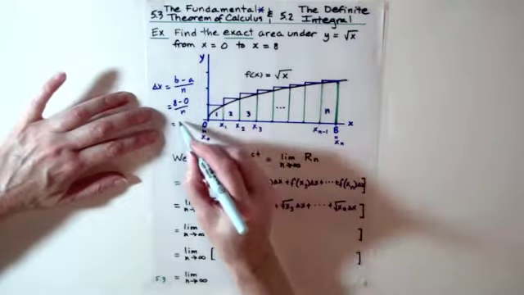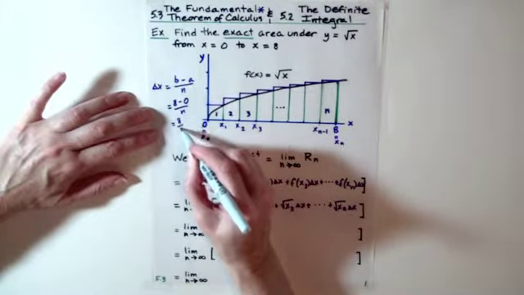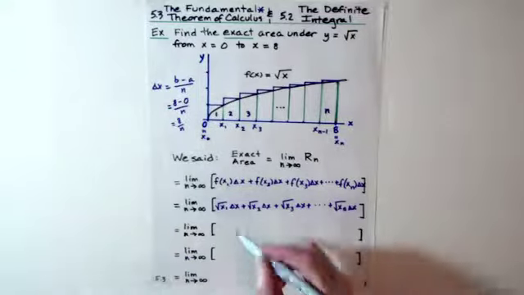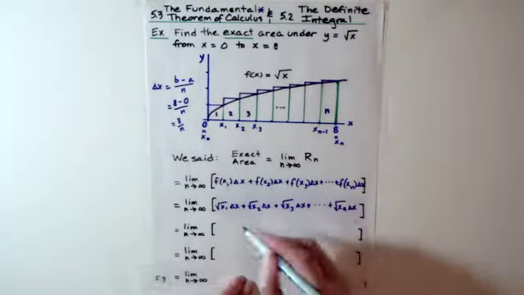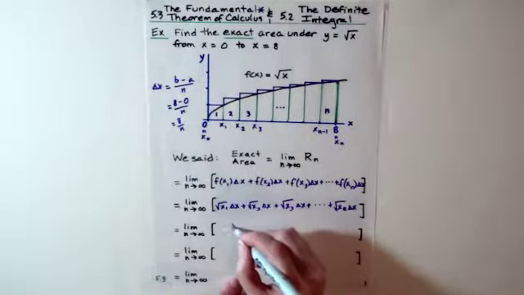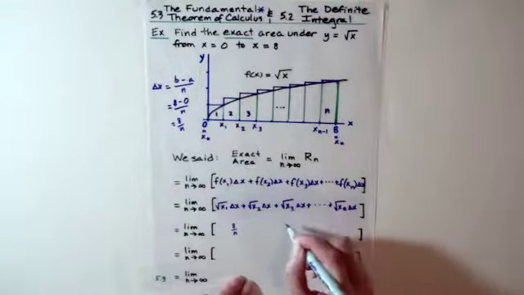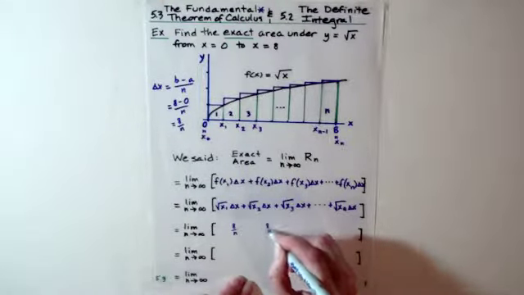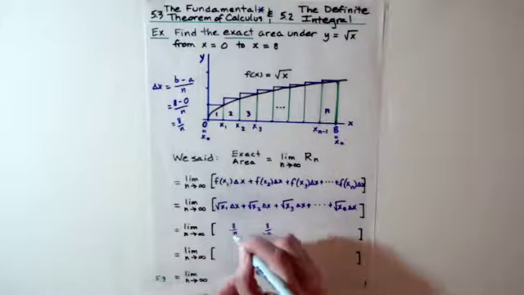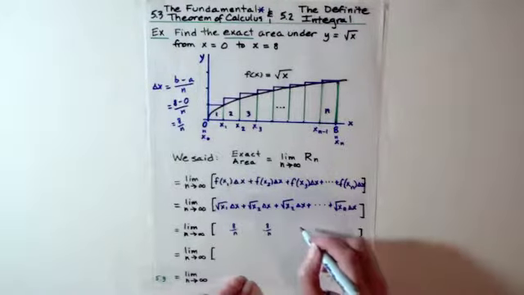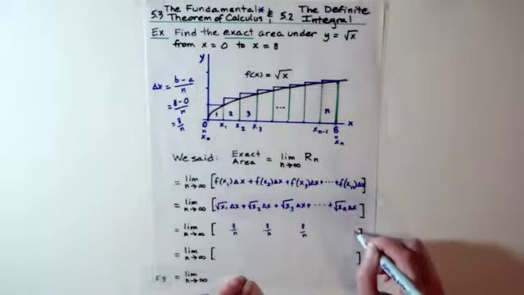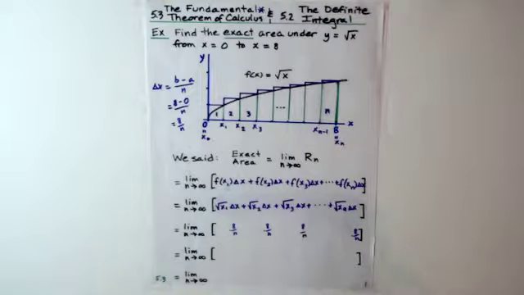So it looks like delta x would be 8 over n. Okay, so all of these delta x's that are in here could be written as 8 over n. This is 8 over n. I'll put a little times sign because we're going to multiply it by the square root of something. And here's a little 8 over n. And at the end, I have a width of 8 over n. So I've written at least my delta x purely in terms of n.